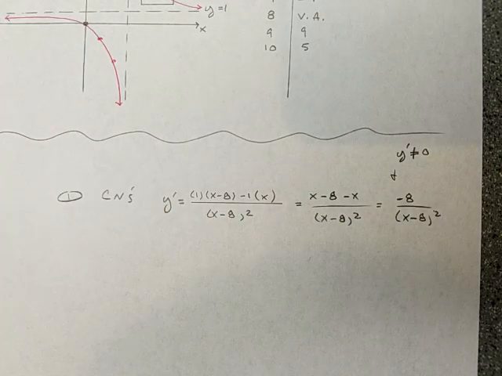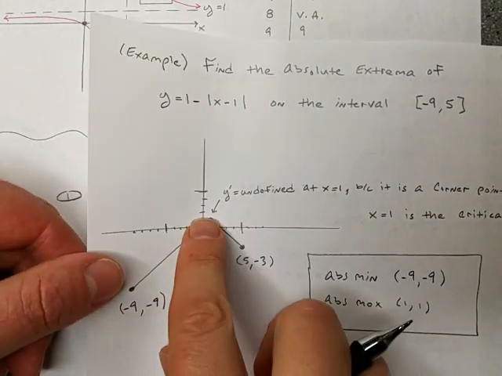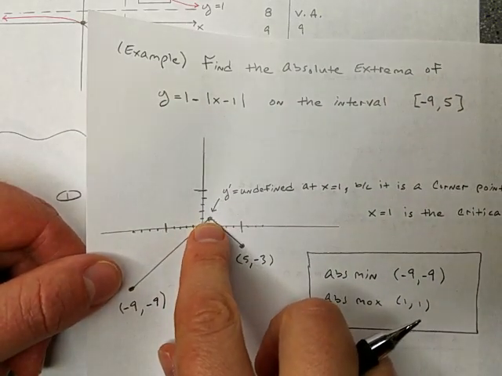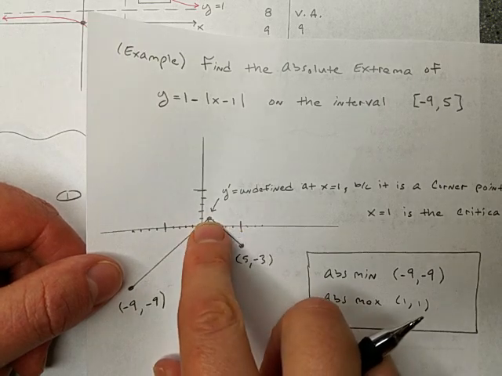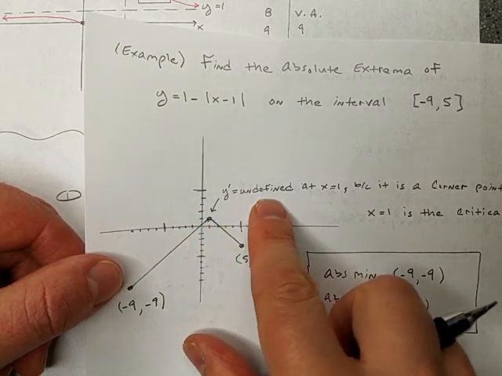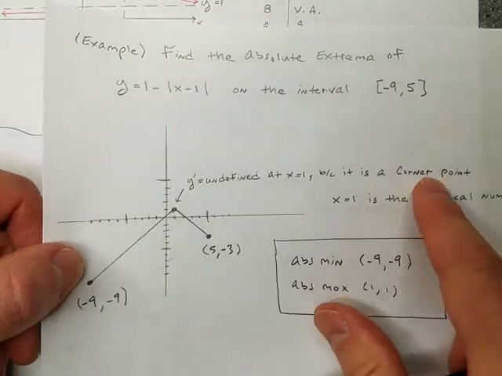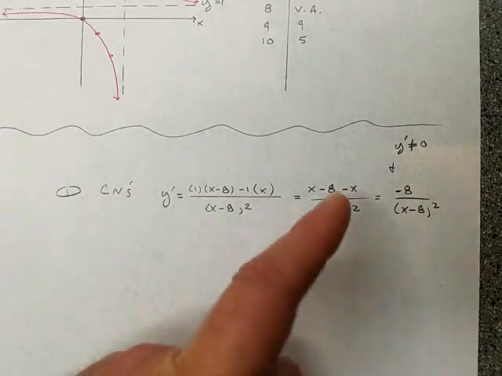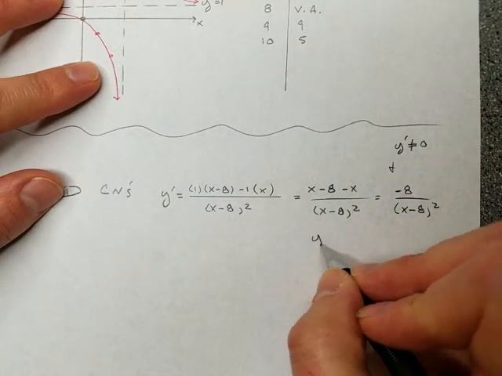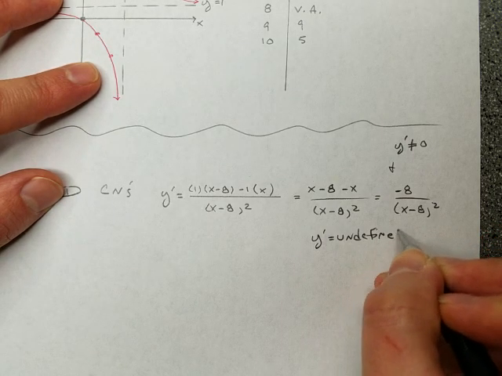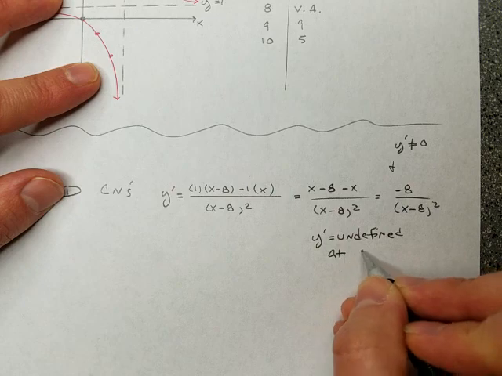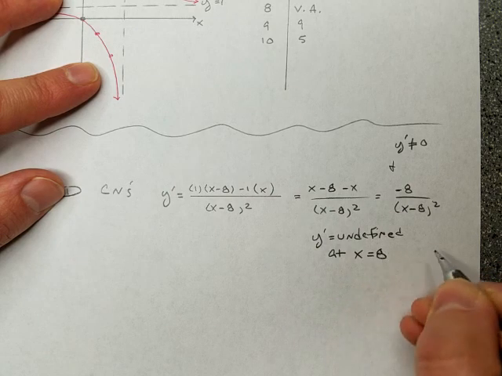Okay? Why is y prime undefined at 8? Well, what have we seen so far? Is it because there's a corner point? Is that why it's undefined? That's one feature on a curve that could cause the derivative to be undefined. It's a corner point. Is that why this one is undefined at 8?